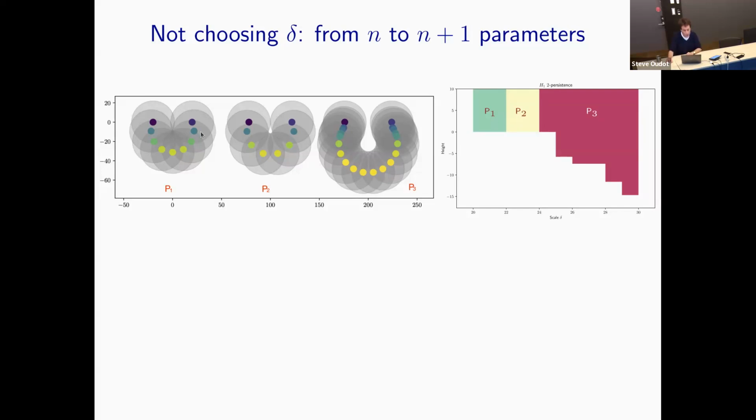Each one of them corresponds to 1 horseshoe. I forgot to mention that here I'm taking homology in degree 1, so I'm looking at 1-cycles. This green block corresponds to this cycle that appears at a certain scale and then disappears, this yellow corresponds to this cycle here, and this red corresponds to this cycle which has not yet appeared in the picture, but that will appear here.